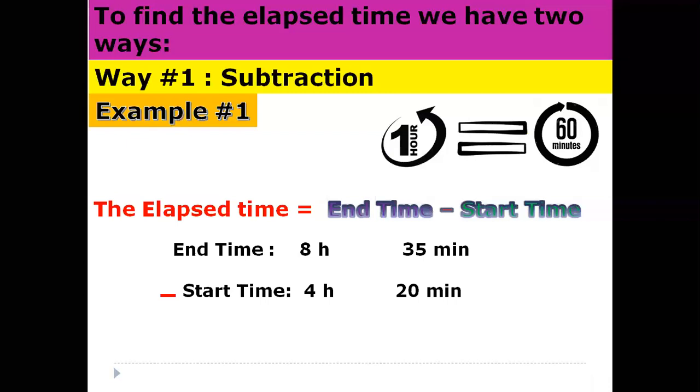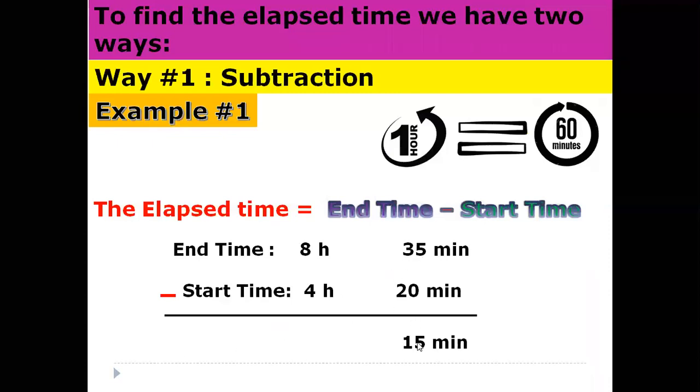By using subtraction, you all the time start with the ending time, which is the time that event finished, minus the starting time. Whenever you want to do subtraction for time, you all the time start with the minutes, not the hours. So you start subtracting 35 minus 20. So it's 15.